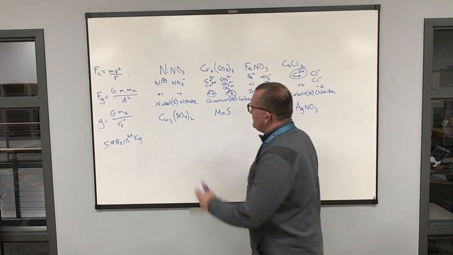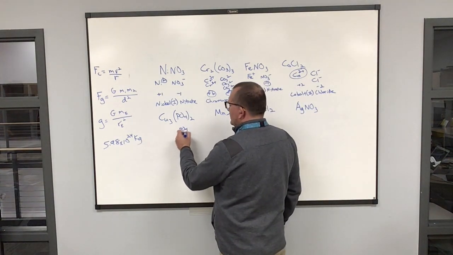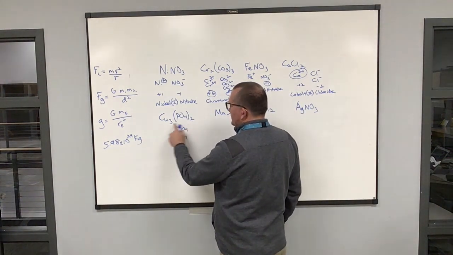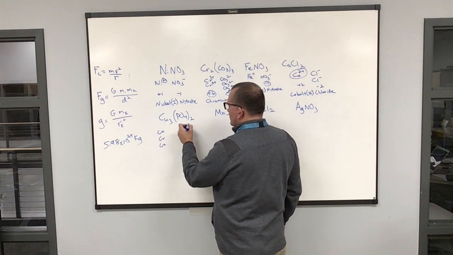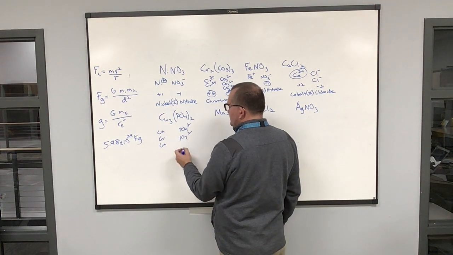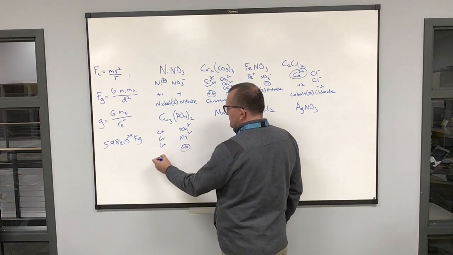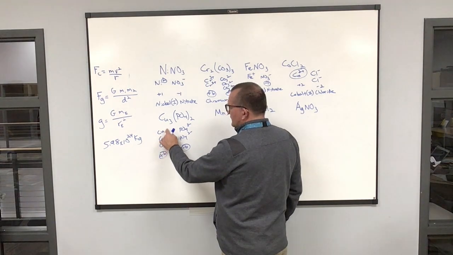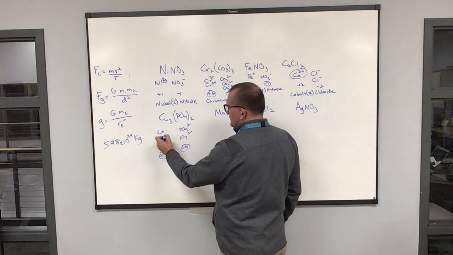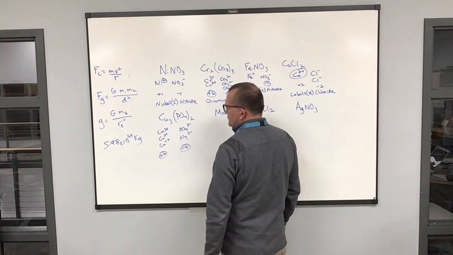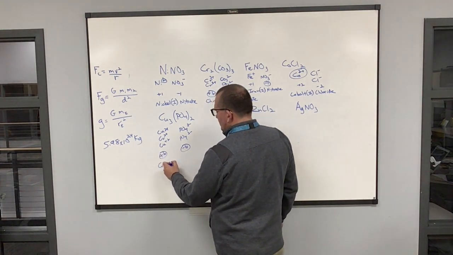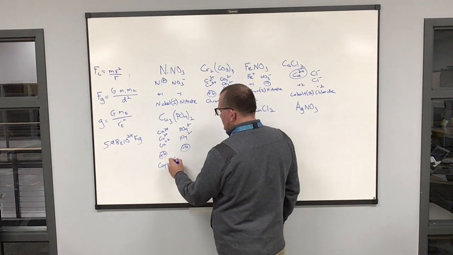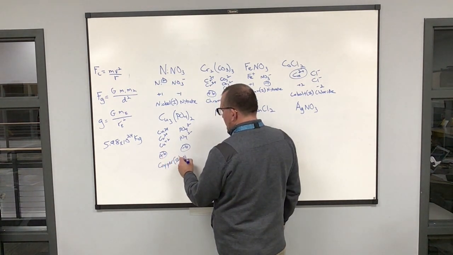Copper and phosphate. There's 2 phosphates because there's a 2 here, and there's 3 coppers. Phosphate is a -3 charge. 2 of those together make -6, which means this is +6. There's 3 coppers, so each one is a +2 charge. So this is copper +2 means it's a 2 phosphate.